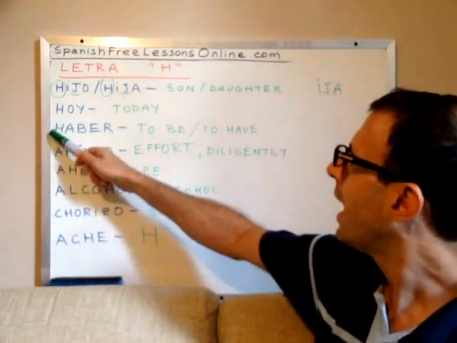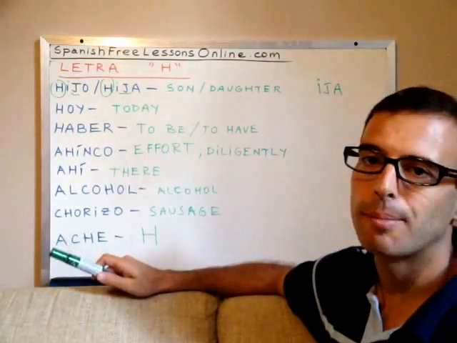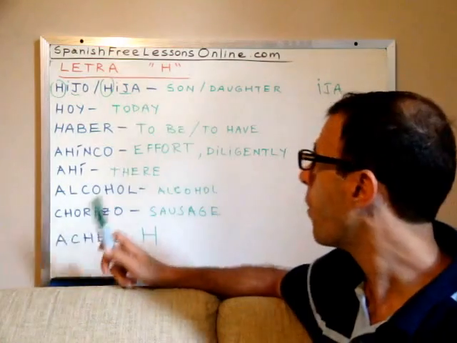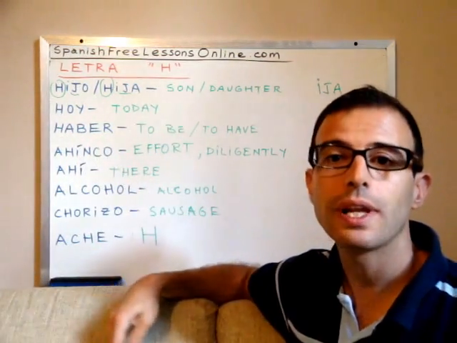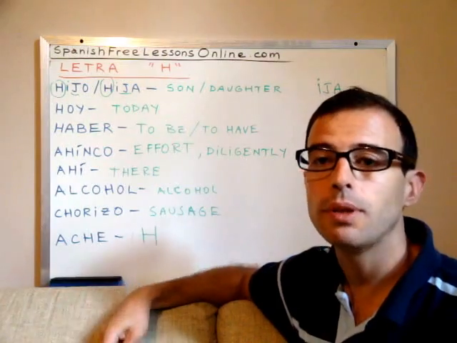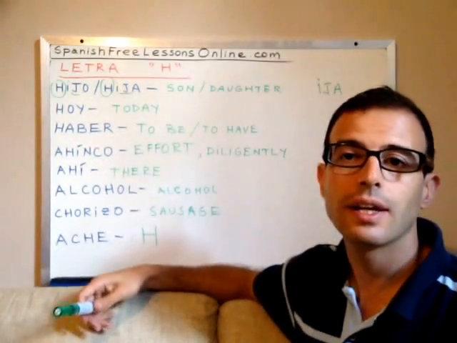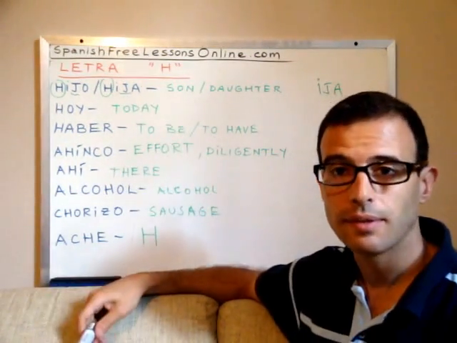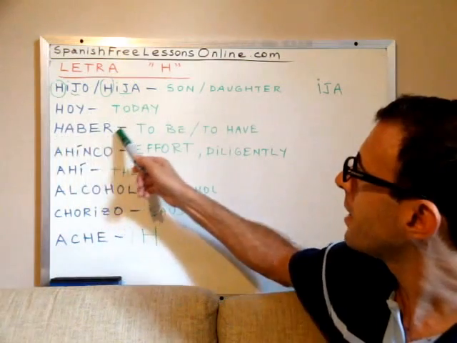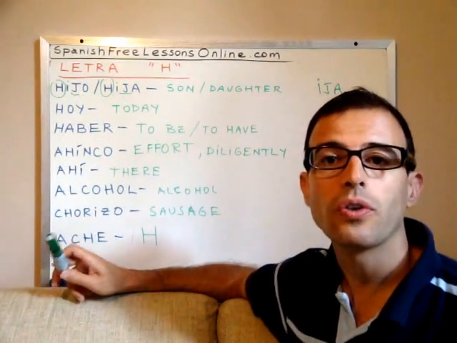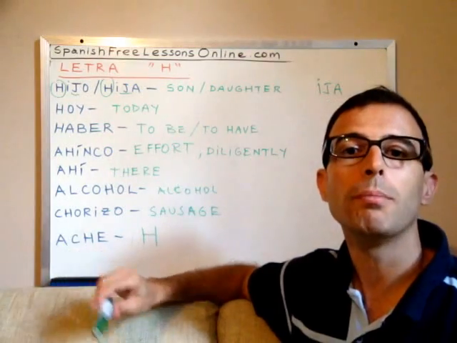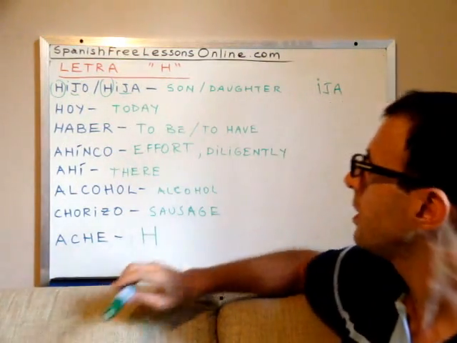Haber. Aber, which means to be or to have. Actually, haber, when used like a verb by itself, means to be. Like there is, there are, yeah? But haber has another function. It's the Spanish auxiliary verb for the compound conjugations, okay?